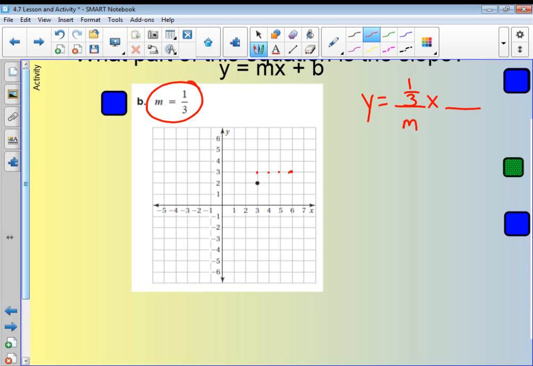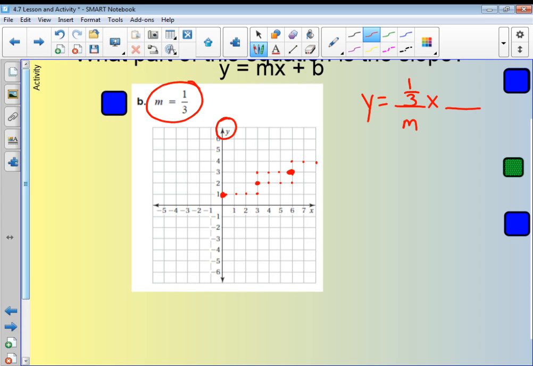1, 2, 3. Now, because I have to get back towards the y line, I don't want to continue going up 1 and over 3. That's taking me away from the y line if I'm going to continue my pattern. So I'm going to work it backwards. I'm going to go down 1 over 3. 1, 2, 3. Down 1 over 3. 1, 2, 3.